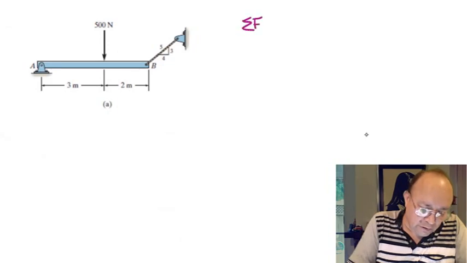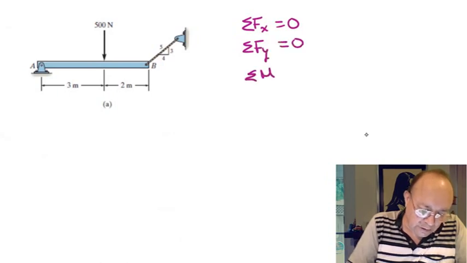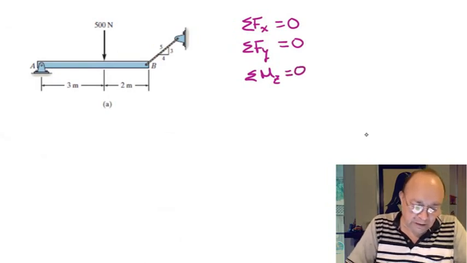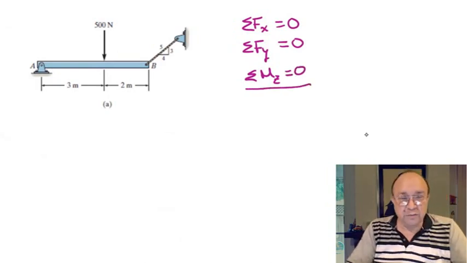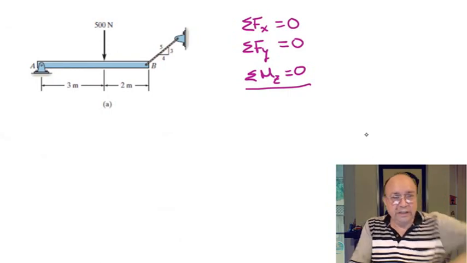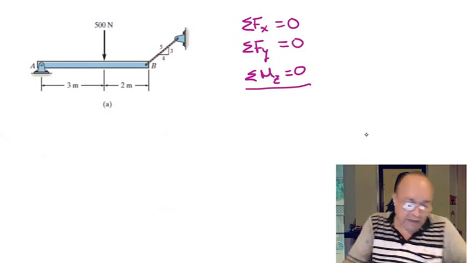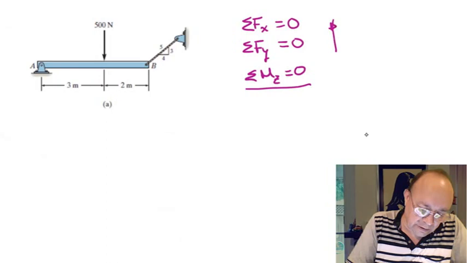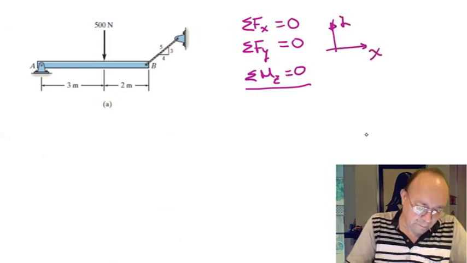Summation of forces in the x direction equals 0. Summation of forces in the y direction equals 0. And summation of moments in the z direction equals 0. This summation of moments in the z direction means summation of moments about any point in the xy plane. We are talking about the xy plane like this.